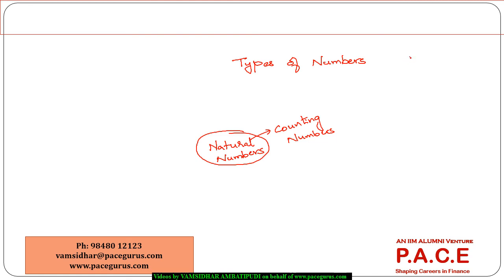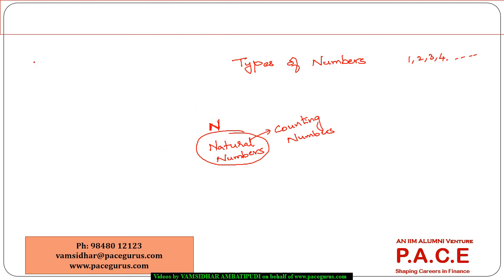So generally the numbers like 1, 2, 3, 4, and so on up to a few lakhs, a few crores, a few arabs. They are all called natural numbers. They are the ones that are generally used for counting. The letter that we use to represent natural numbers is capital N. Capital N is the notation for natural numbers.